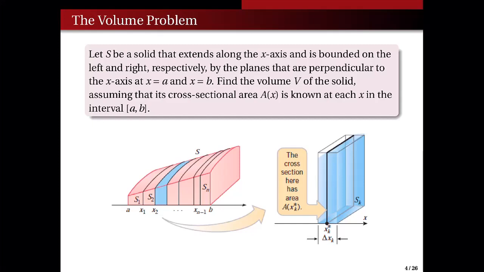And then we let n approach infinity so that we have thinner and thinner slabs, and that will better approximate the solid. As n approaches infinity, we will have the actual volume of the solid.